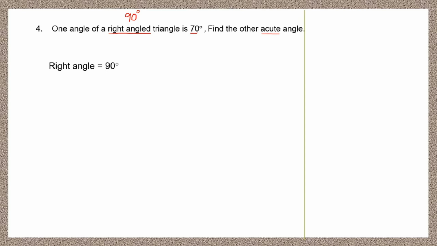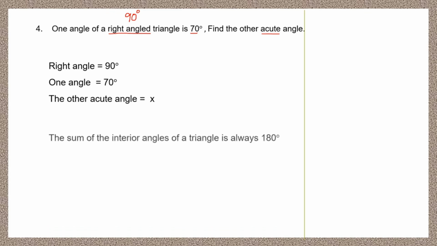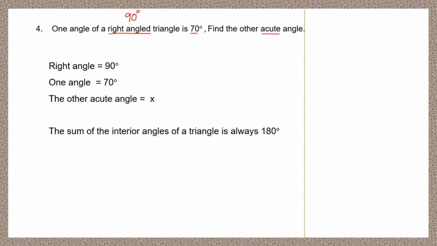So right angle equals 90 degrees. One angle equals 70 degrees. The other acute angle, we'll call it x, and we're going to find out based on this same property. Sum of the interior angles of a triangle is always 180. So let's add up all three. 90 degrees plus 70 degrees plus x equals 180 degrees.